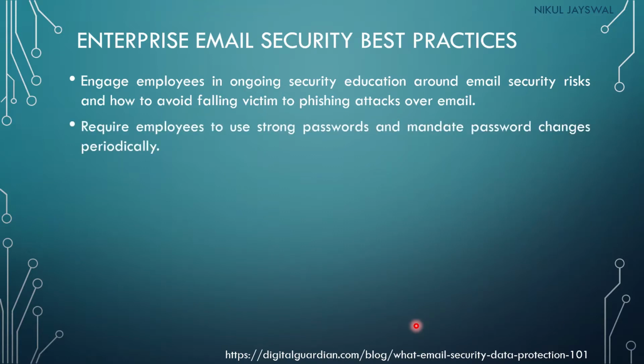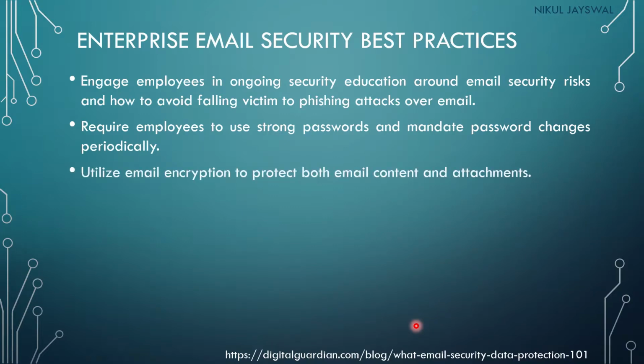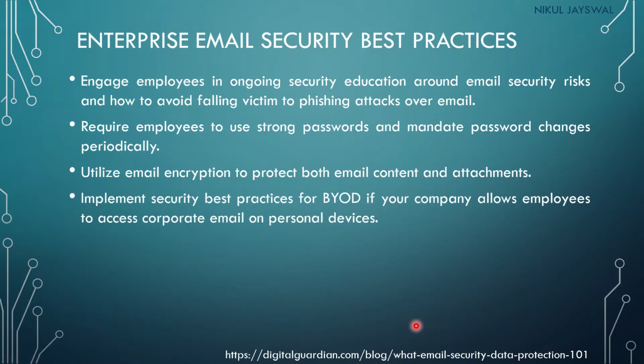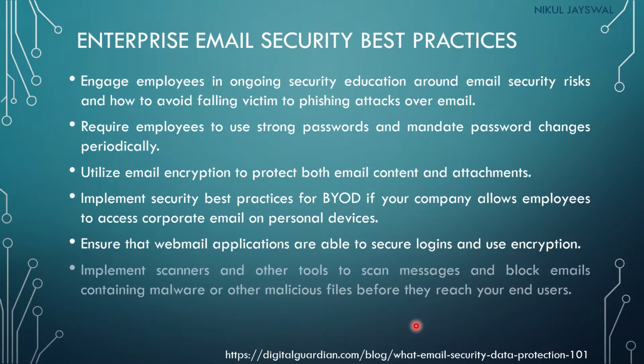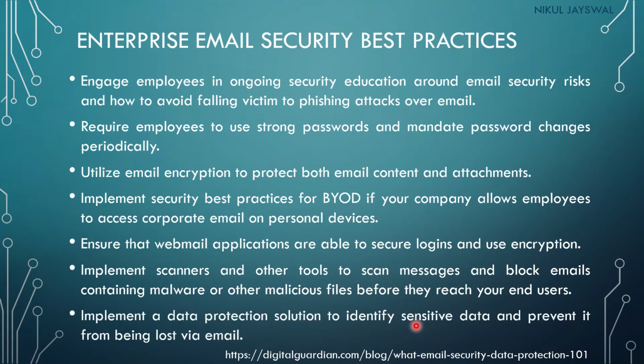Require employees to use strong passwords and mandate password changes periodically, and utilize email encryption to protect both email content and attachments. Then implement security practices for BYOD, that is bring your own device, if your company allows employees to access corporate emails. Then ensure that webmail applications are able to secure login and use encryption. And implement scanners and other tools to scan messages and block emails containing malware. These are the best practices that can be used by enterprise emails.